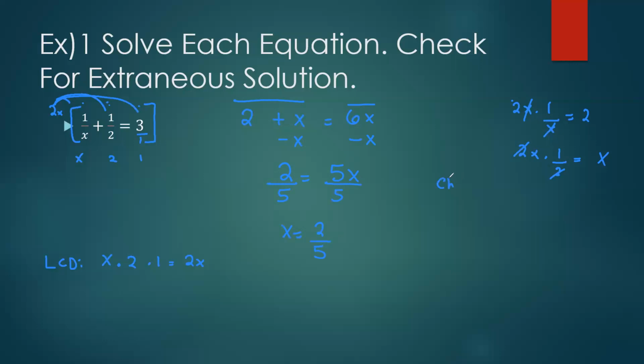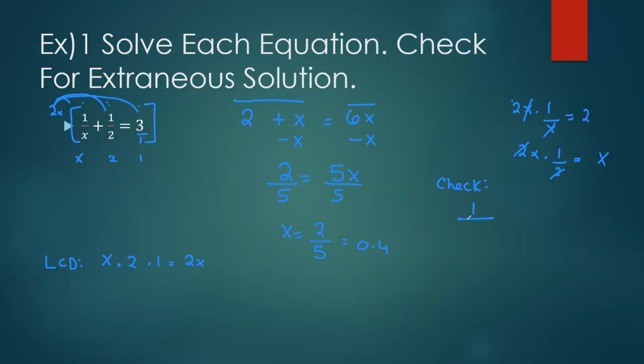It says to check for extraneous solutions. I don't want to use a fraction, so I guess 2/5 is also the same thing as 0.4. I'm going to use 0.4 because I think it's going to be easier for checking.